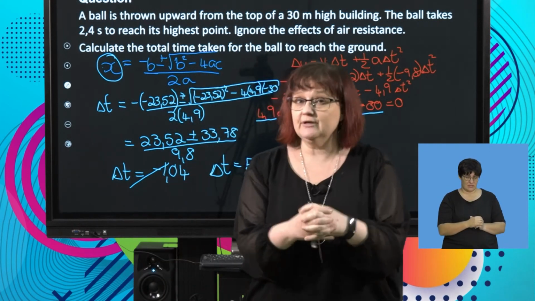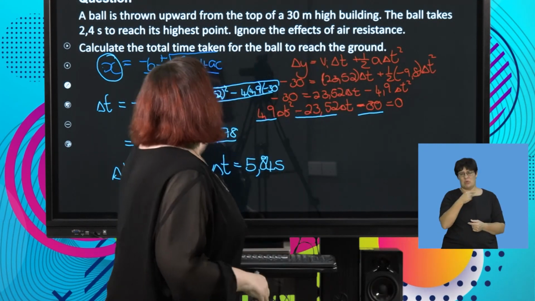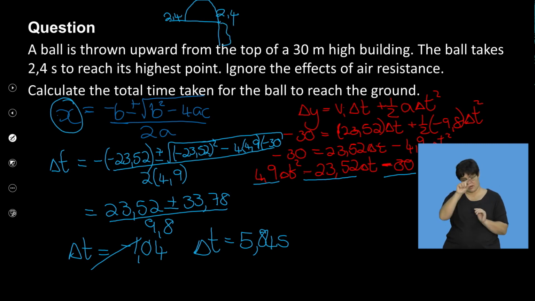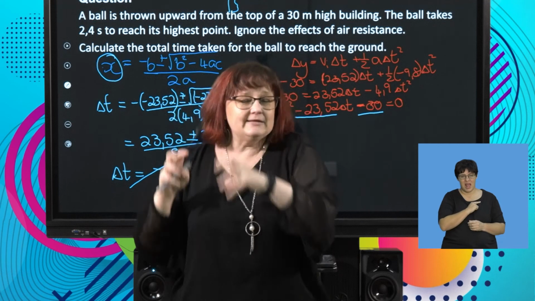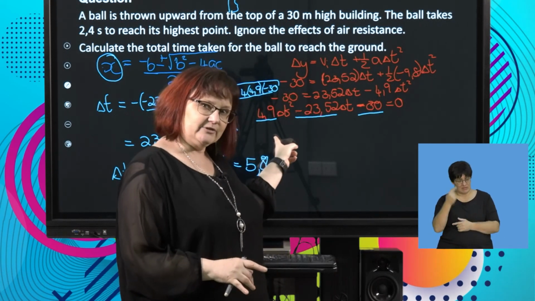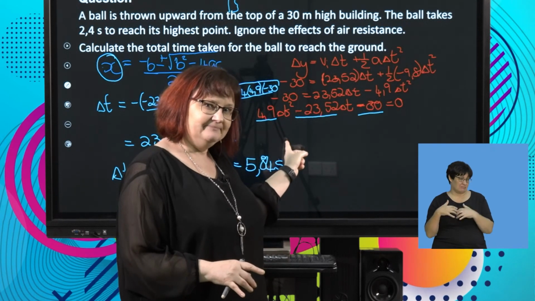You could do it another way, and I don't like doing it this way. You can work out the time it takes to get to there and there. That's 2.4 and 2.4, and then you can work out that little distance and add them all together. I don't like doing it that way around because there are lots of little places we can make mistakes, and you may need to just think about this one for a little bit, okay?